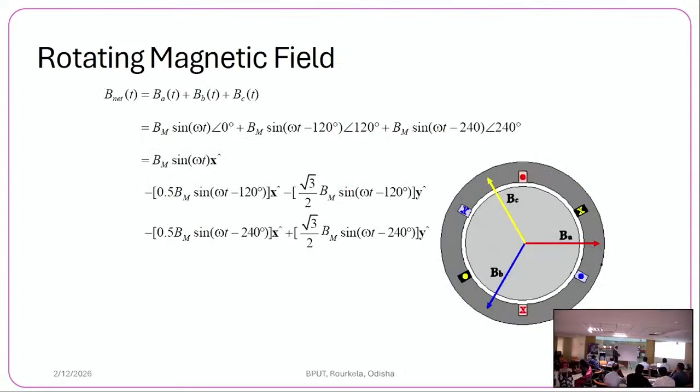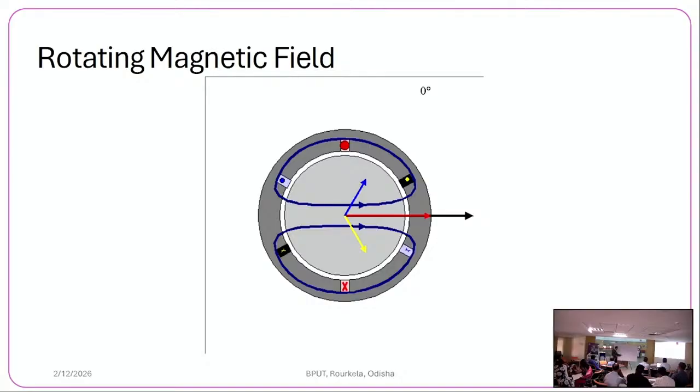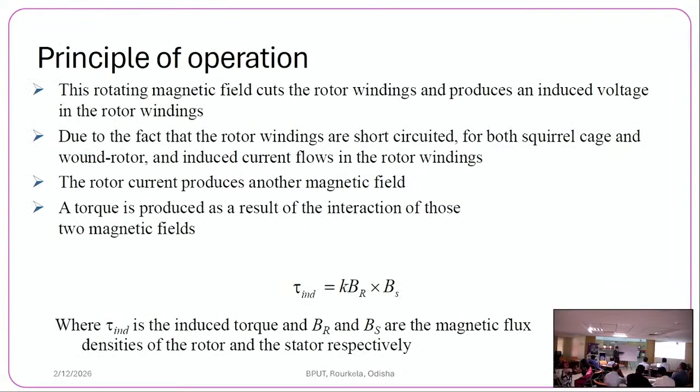The resultant MMF magnitude is 3 by 2 into the maximum MMF of one phase, Fm, that is N into Im, and the resultant MMF has a direction that is constantly changing. So the MMF is rotating at synchronous speed.